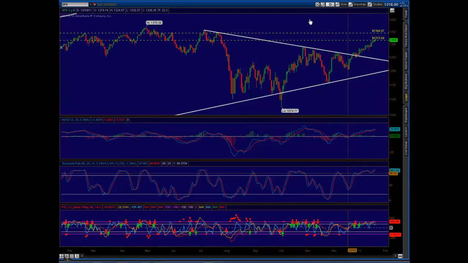I do see now that the stochastic is in the overbought area, so we could be heading to consolidation, and this could stay in this overbought area for quite a while.